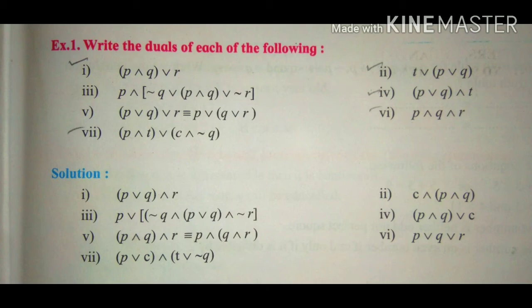Whatever be the symbols, you have to only change conjunction with disjunction and T with C.